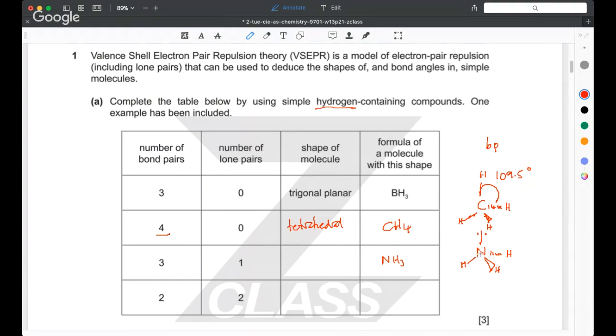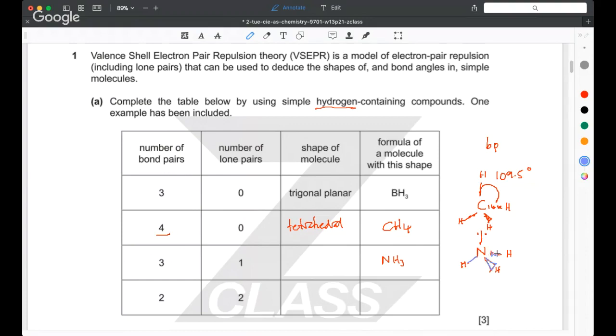But you have to distinguish between this geometry of pairs of electrons, that's sometimes called the electron domain geometry, and there's 4 pairs of electrons, although one of them is a lone pair there, and they've arranged themselves in 3-dimensional space in this tetrahedral arrangement. But when you come to describing the molecular geometry, then you only have to consider the bonds that actually exist between atoms, the bond pairs.